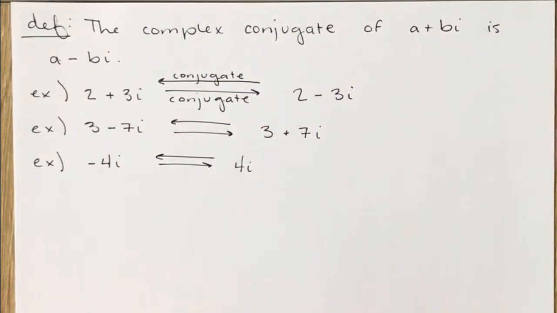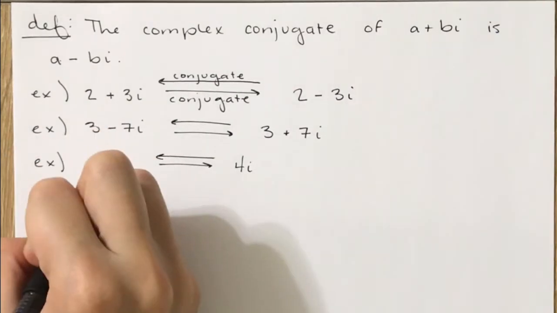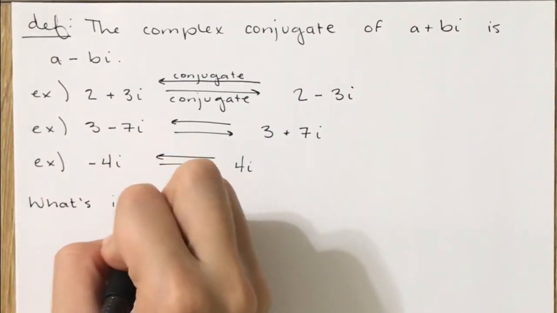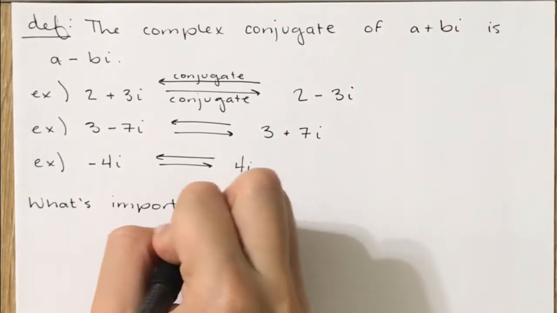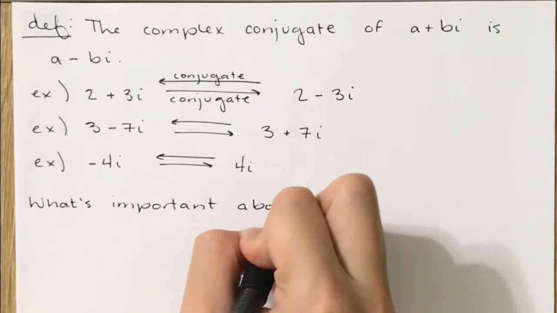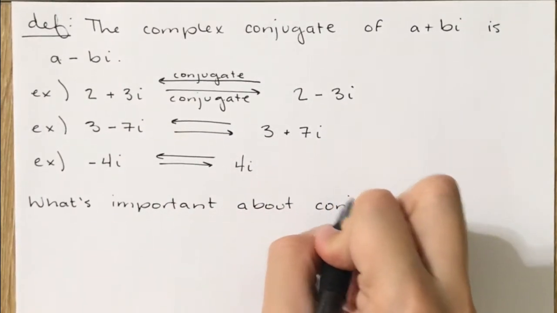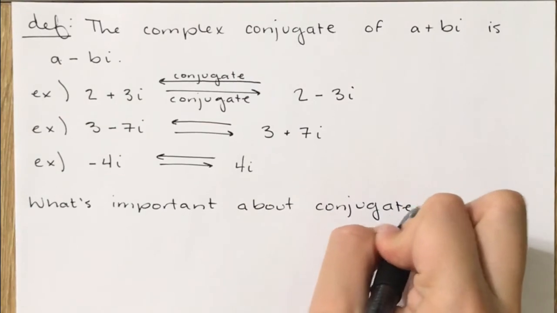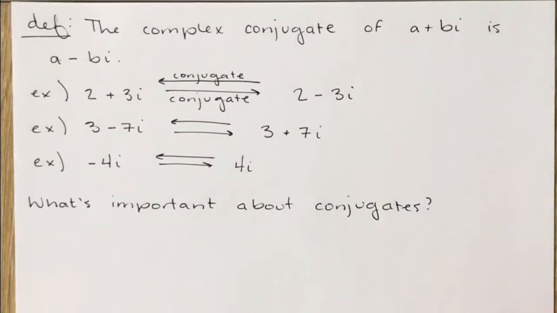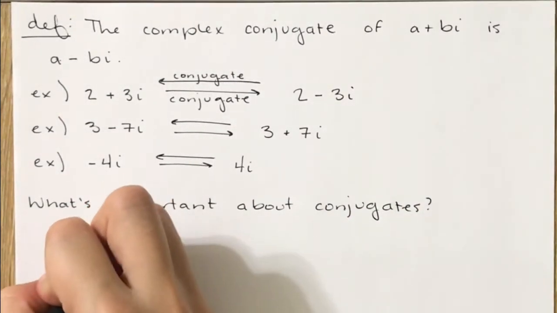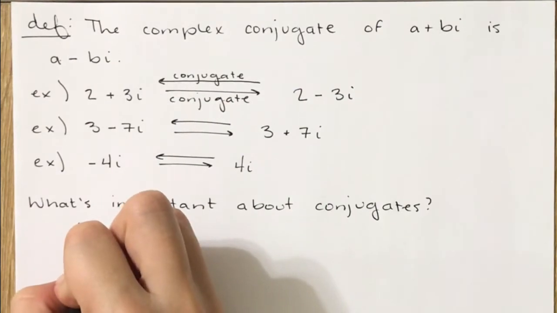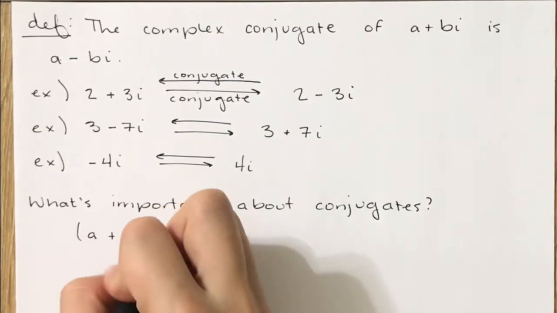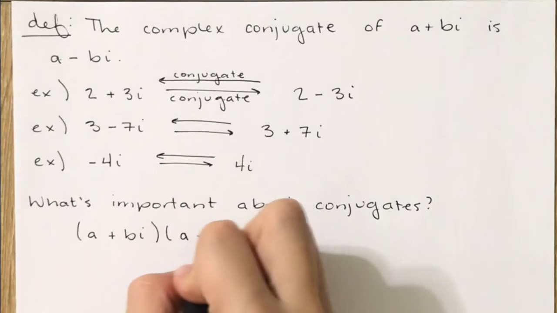So what's important about this? What's important about conjugates? Well, let's say I multiply a complex number by its conjugate.